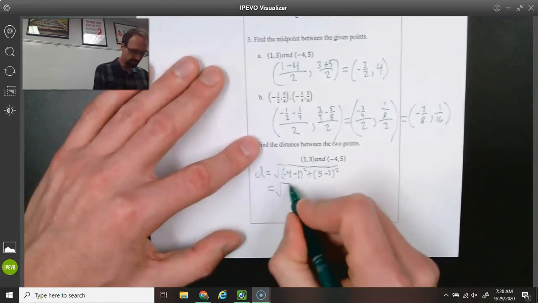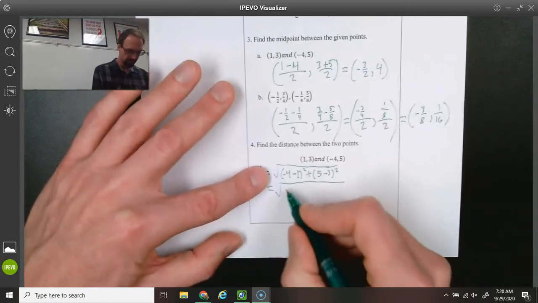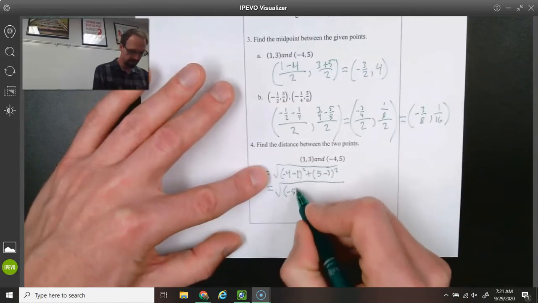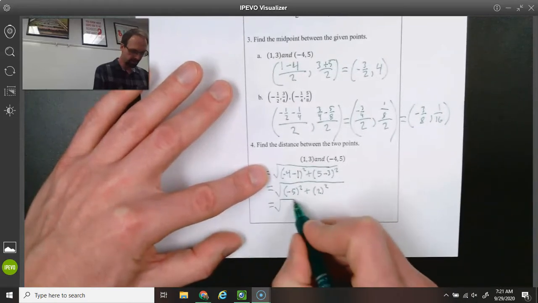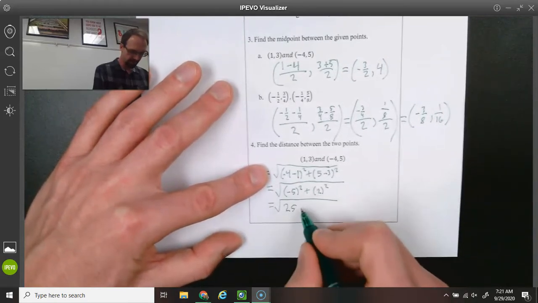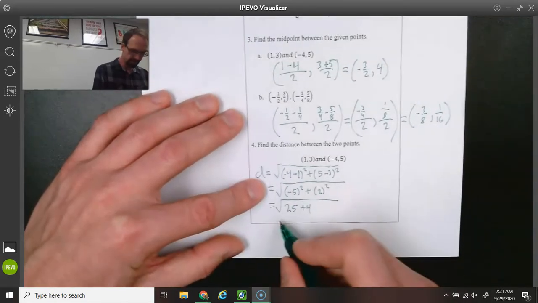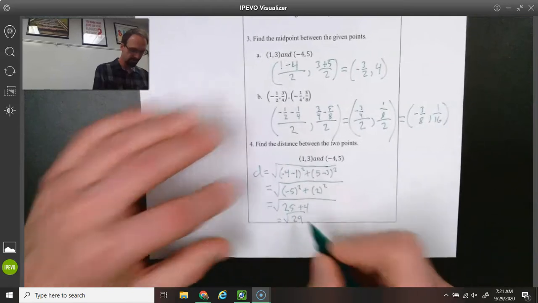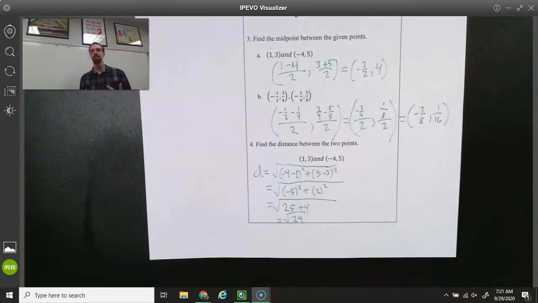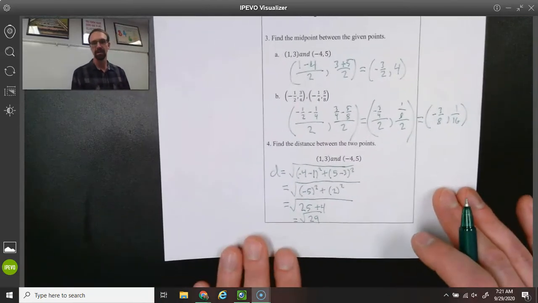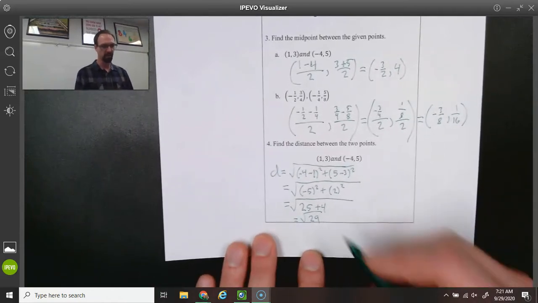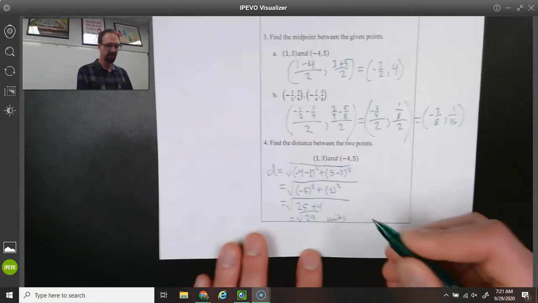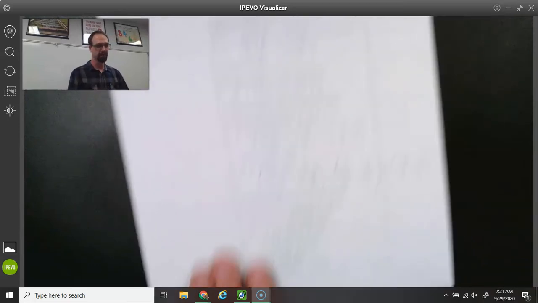So negative 4 minus 1 is negative 5, squared, plus 2 squared. That's 25 plus 4, the square root of 29. The square root of 29 doesn't simplify. If you notice that it could simplify, then you would want to. So the distance between those 2 points is the square root of 29 units. Whenever we talk about distance, we're going to have some sort of length involved, so just a heads up on that.